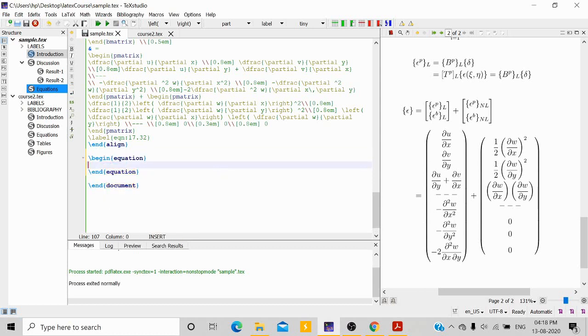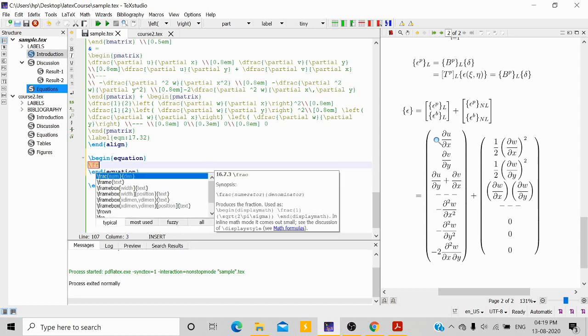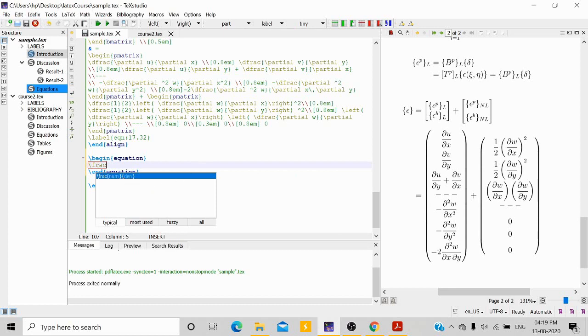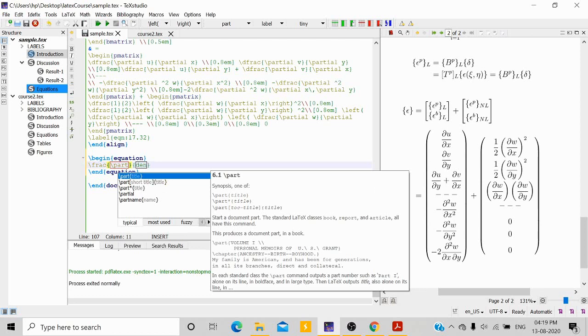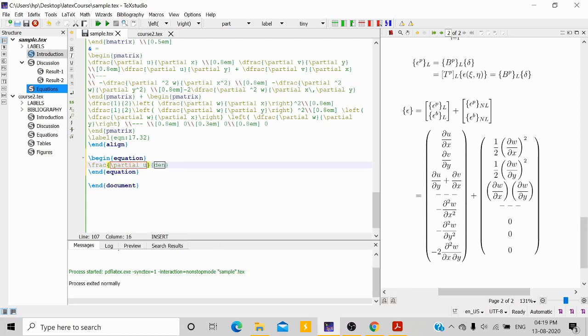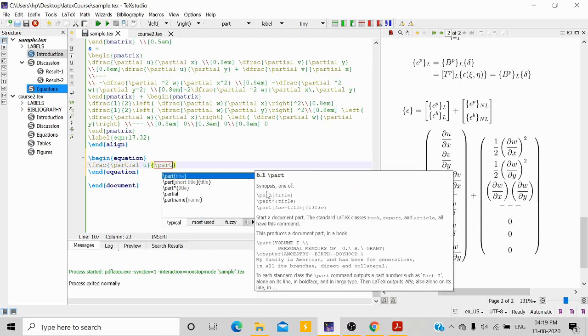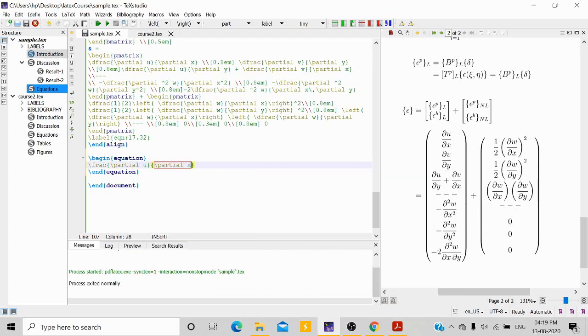I'm going to write here del u by del x. When you write del u by del x, you have to write first frac, you can see numerator, denominator. The numerator is partial u, del u, then the denominator I want del x, partial by del x.